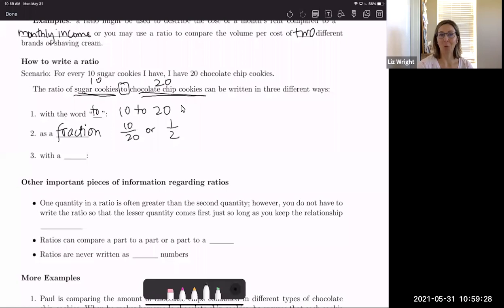But you don't say one half. We don't say it like that when we're talking about a ratio. We would say it's a 1 to 2 relationship, or we write it with a colon. And so we would say it's a 10 to 20 ratio, or it's a 1 to 2 ratio or relationship.